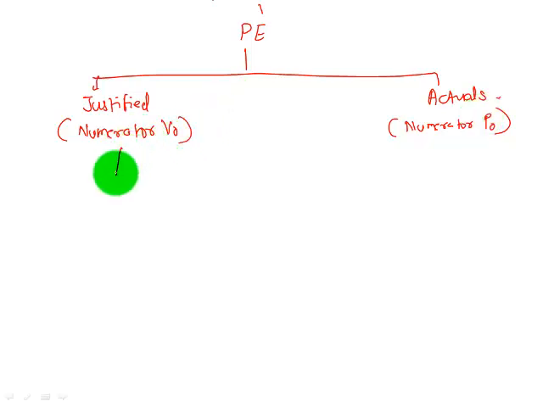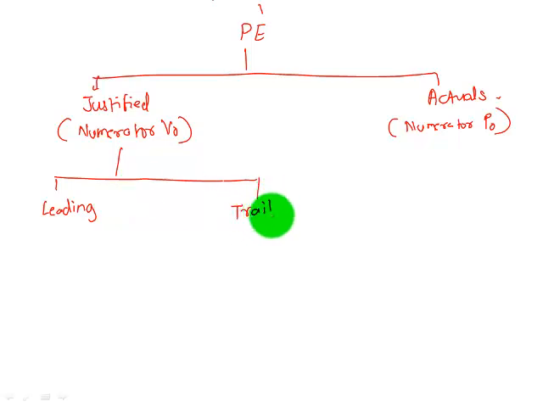Now again, in justified you can have a leading P/E ratio or a trailing.